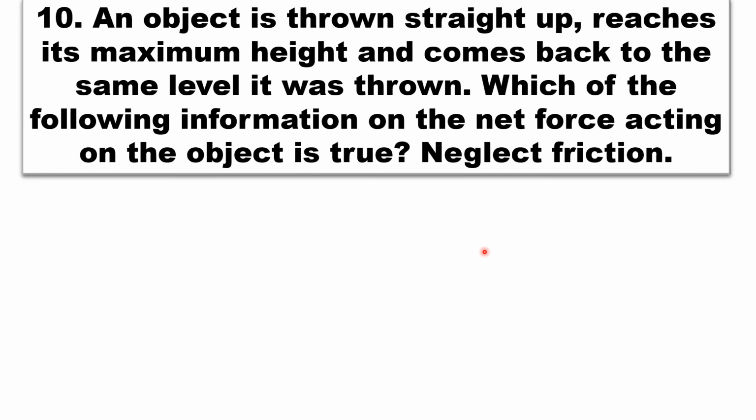So, we represent the object as a particle. When it is thrown upward, what do you think is the force acting on the object?